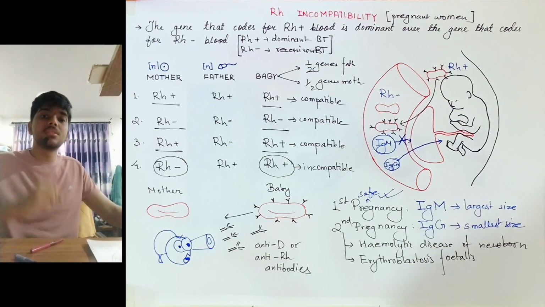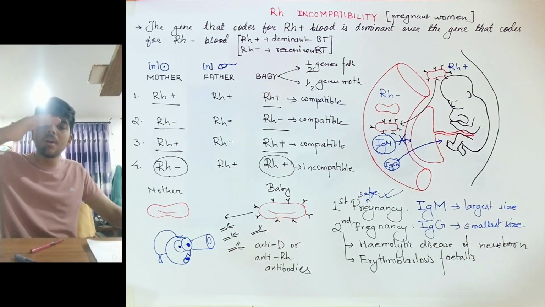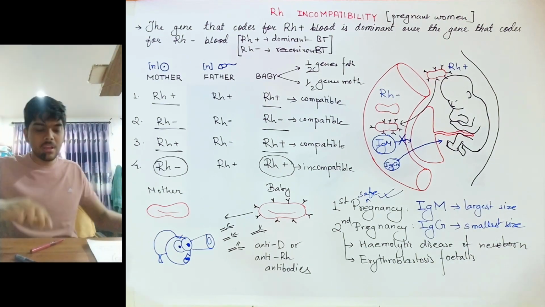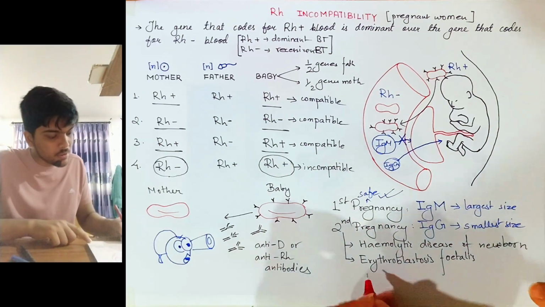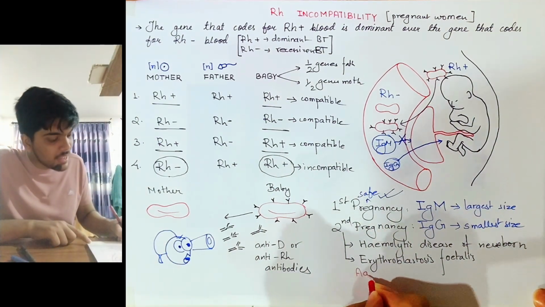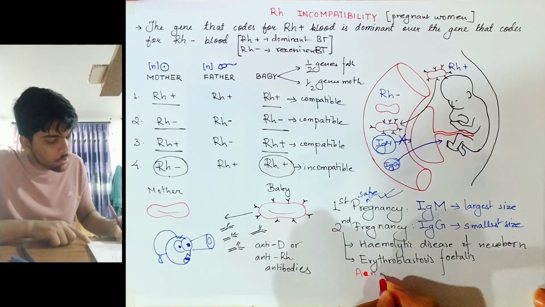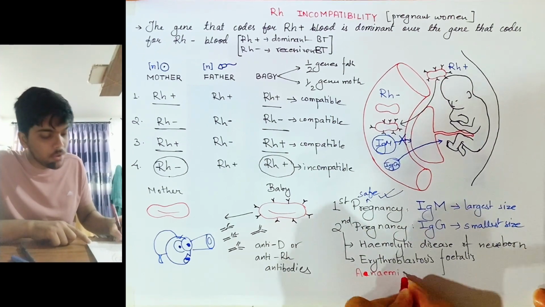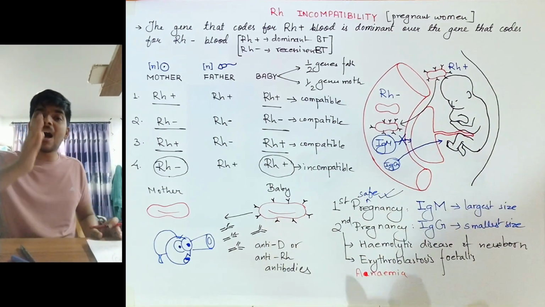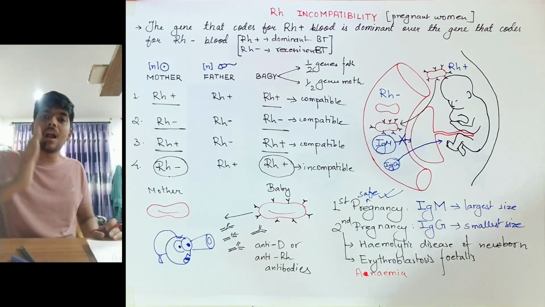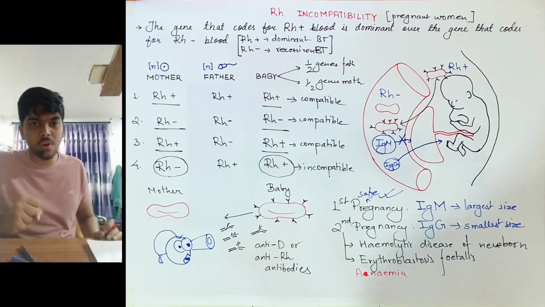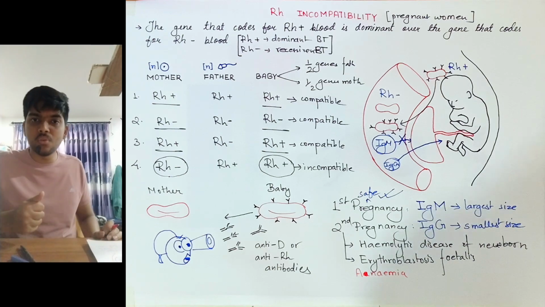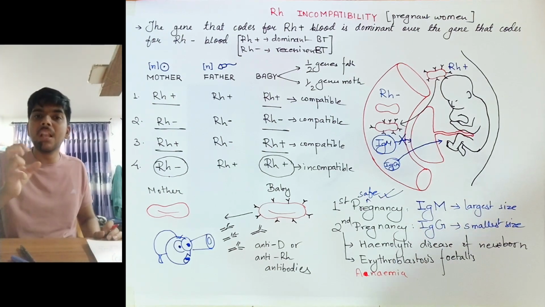And this leads to a sudden drop in the number of RBC. This particular condition, where the number of RBC is less than the normal number, is known as anemia. Not only that, since the RBC is being destroyed, along with the RBC, the hemoglobin also gets destroyed. And once the hemoglobin gets destroyed, it's converted into bilirubin.